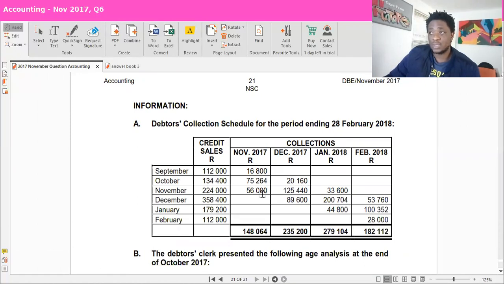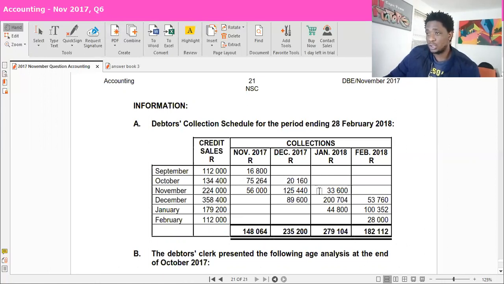The credit terms say if you buy in November, you should have paid by December. So the ones that will be in compliance are the ones that pay in November and the ones that pay in December. The other ones that pay after that period are not in compliance. And the ones that don't pay are the bad debts.